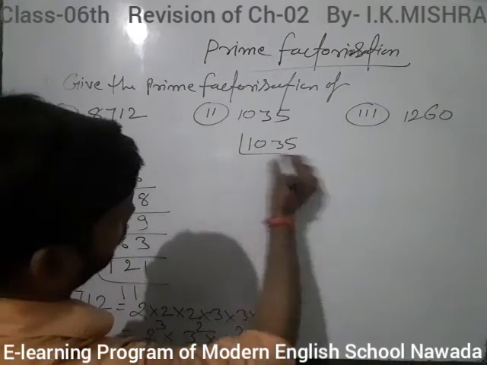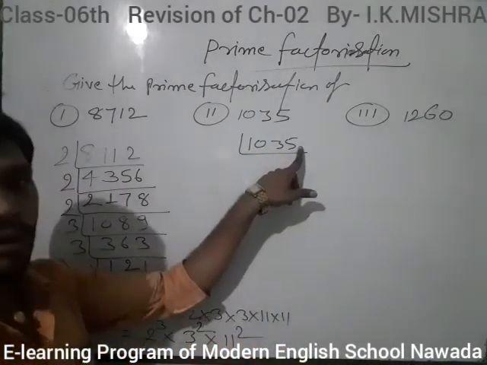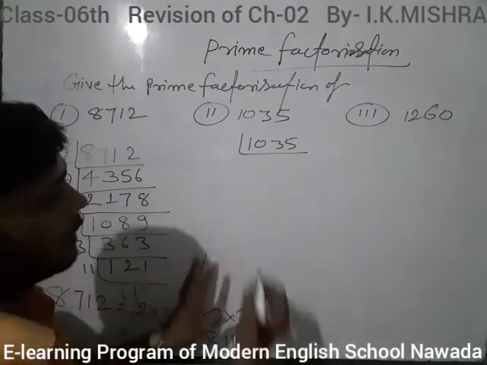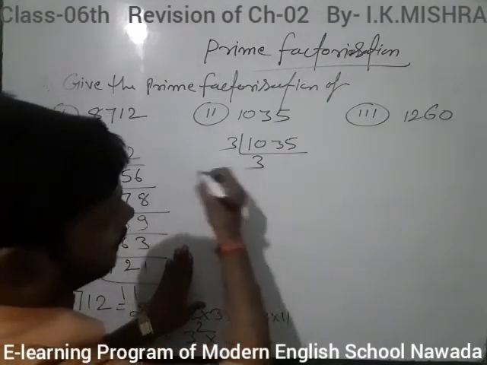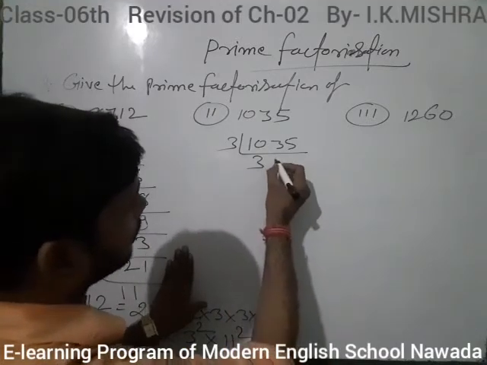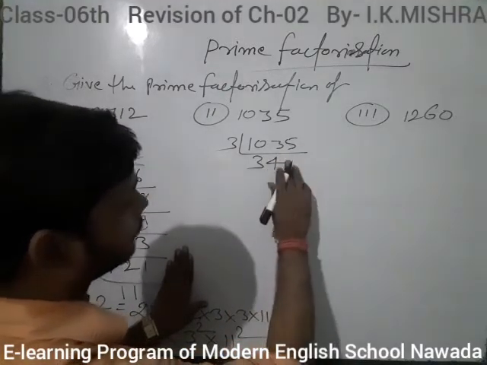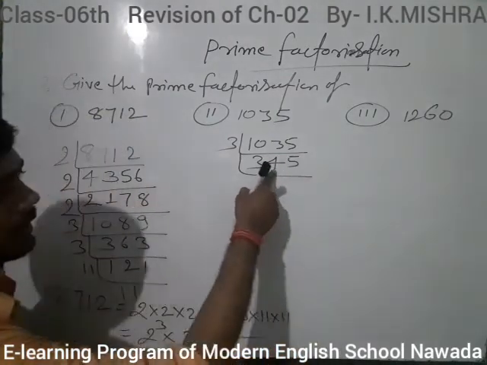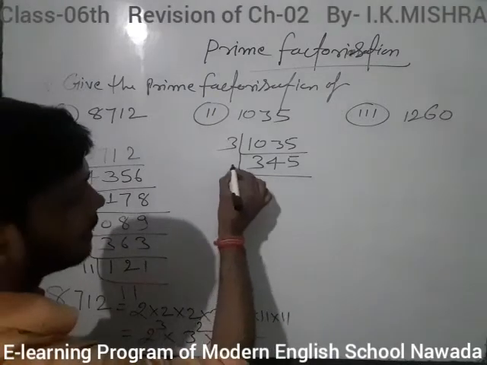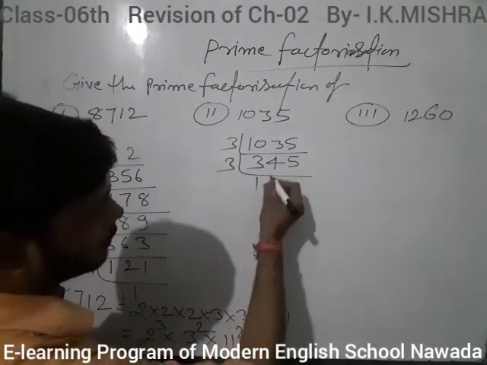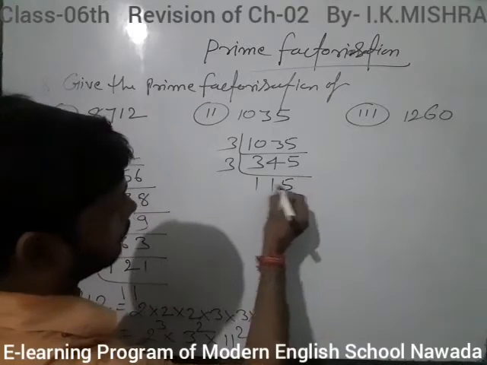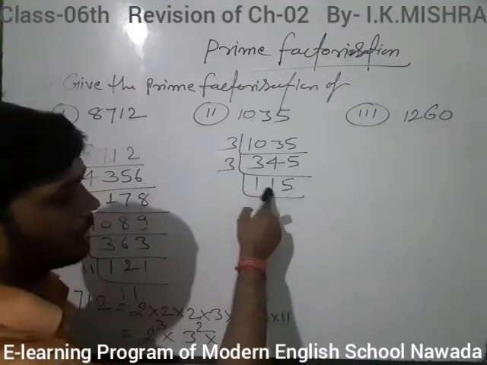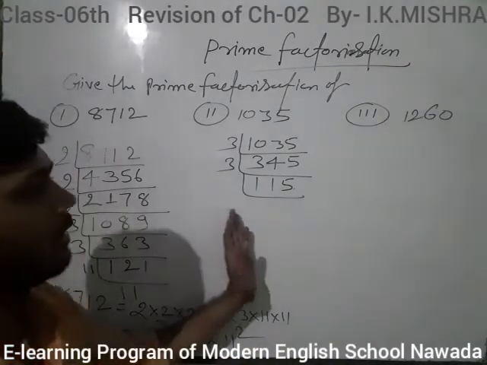Similarly you can factorize 1035. First of all check, it is not divisible by 2, so check its divisibility by 3. 1035 divided by 3 gives 345, and again check: 3 plus 4 plus 5 is 12, it is divisible by 3, that means 115. Again check, it is not divisible by 3, so we have to check divisibility by 5.